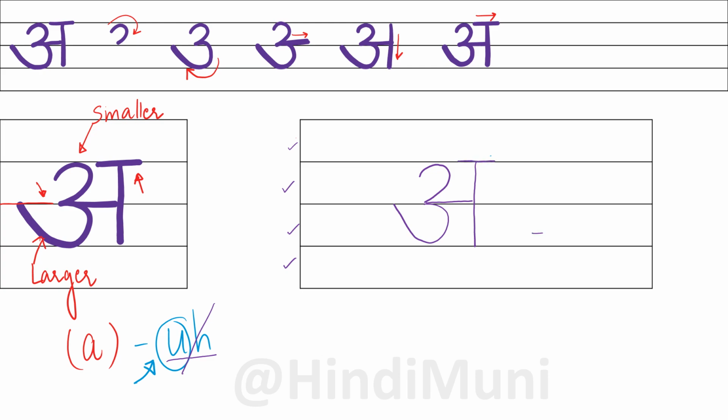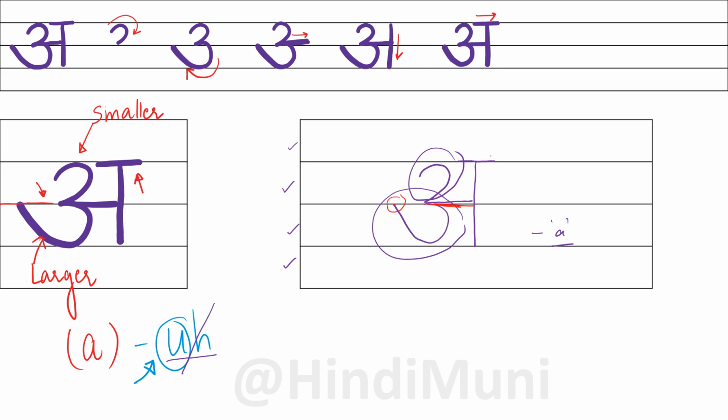So this is the sound. And there are some tips. This part has to be a bit smaller, as is written over here, and this part has to be larger. Another point to notice is that this is touching over here.